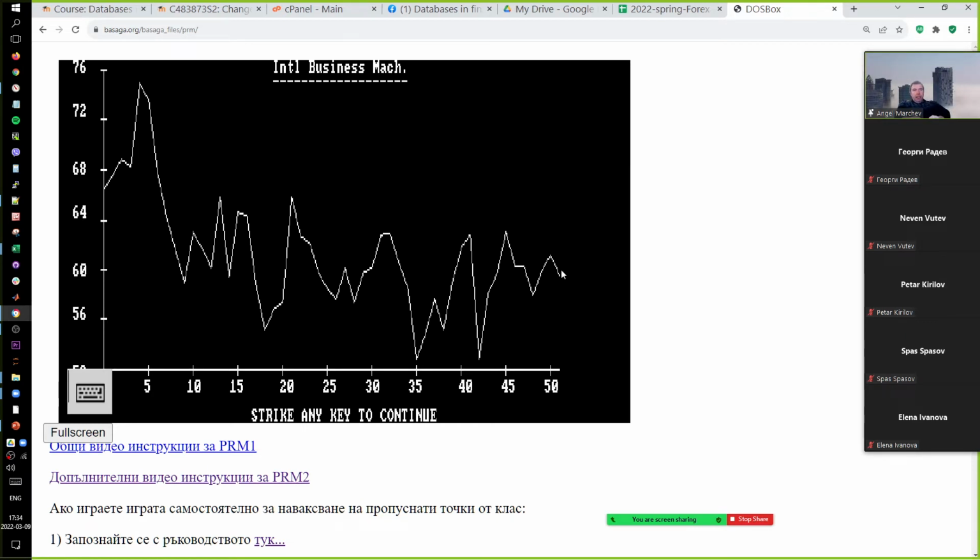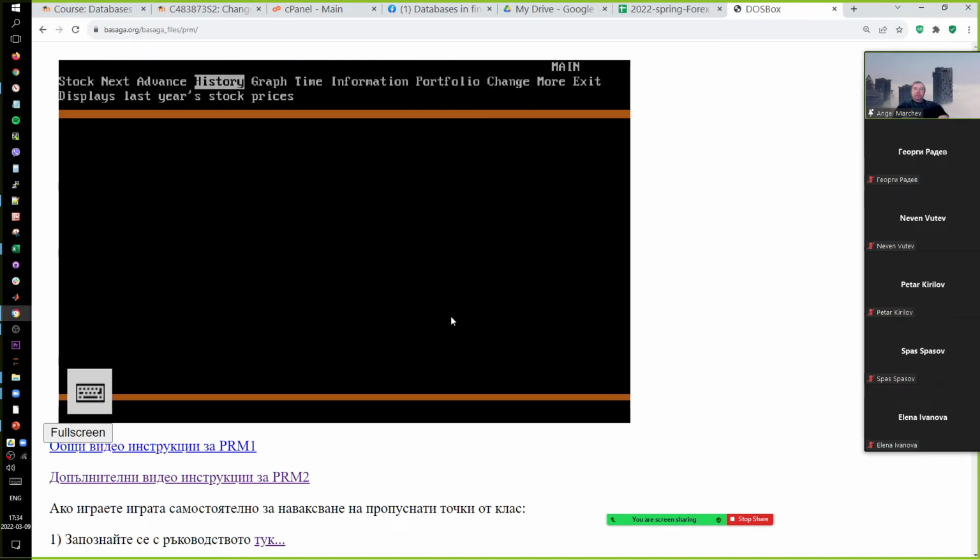We are currently here. The moment we move to the next period, one period here is deleted, the whole thing slides back, and a new data point appears on the right side. So this is the chart of IBM. Okay, and next, so this is the graph. Let me show you another graph. For example, this one.